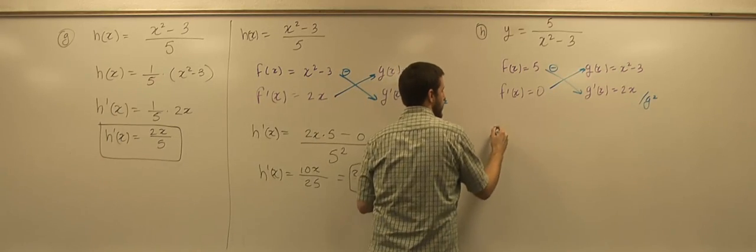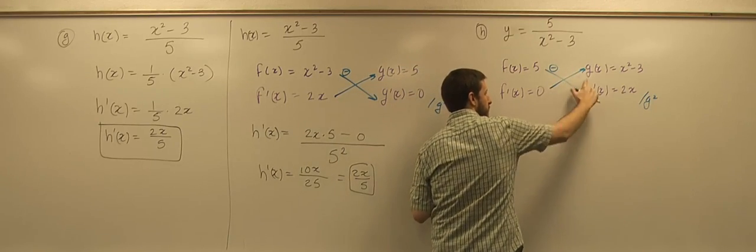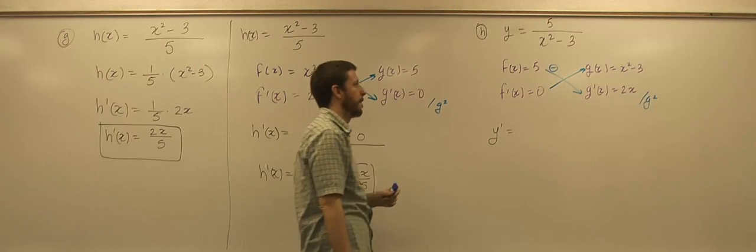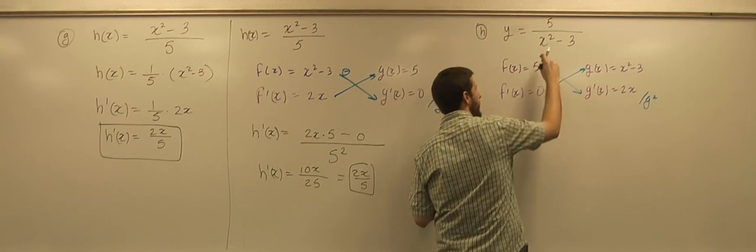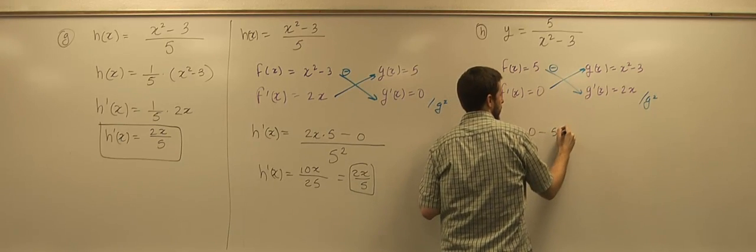Alright, so y prime in this case would equal, this first multiplication is useless, right? 0 times anything is still going to be 0. Minus 5 times 2x will be 10x.